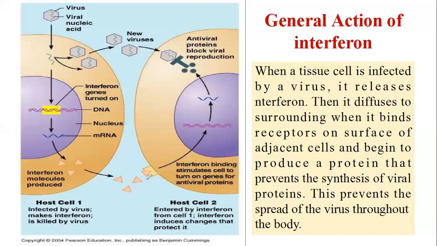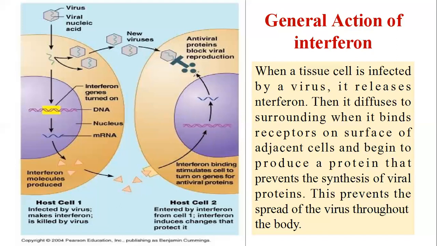These interferon molecules are received by the surface receptor of the adjacent non-infected cell, and this protein binds with and stimulates the cell to turn on genes for antiviral proteins. Now this molecule comes into the nucleus, binds with the double-stranded DNA of the host cell, and induces protein synthesis via mRNA synthesis.